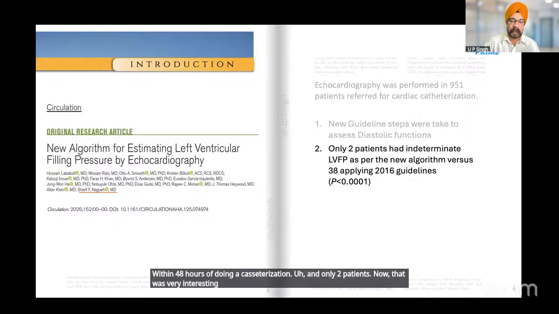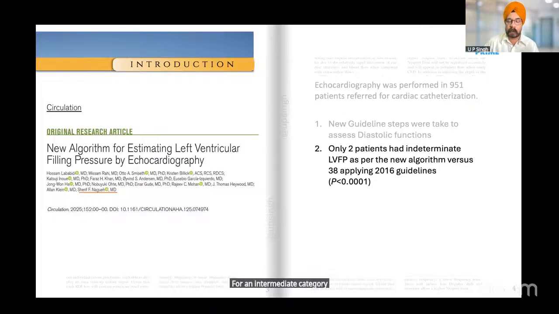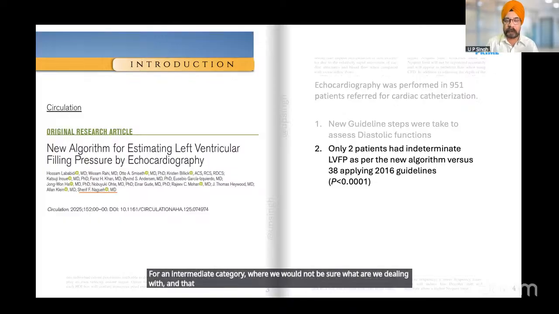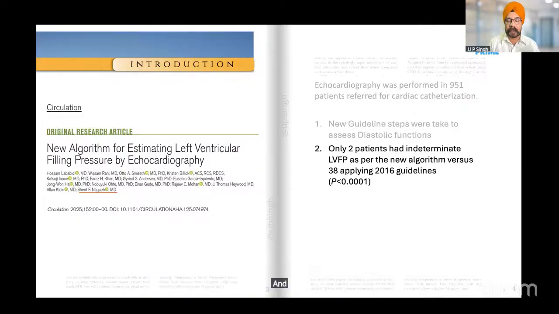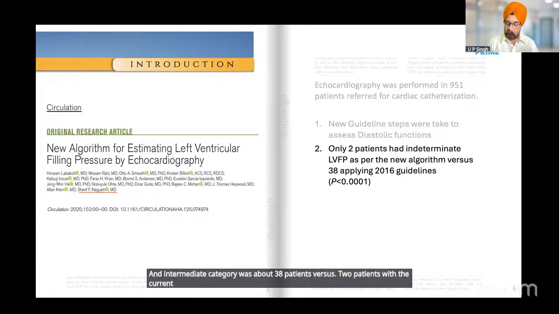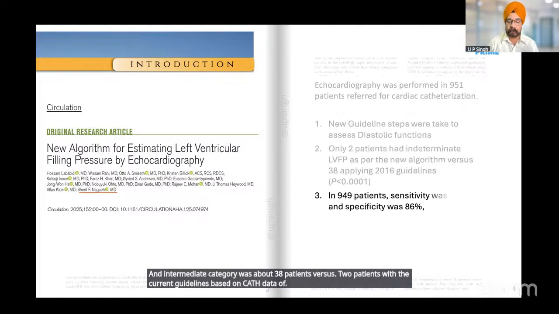Our previous guidelines had an issue that many patients would fall in an intermediate category where we would not be sure what we are dealing with, and that's what happened in this study. They applied the 2016 guidelines, and the intermediate category was about 38 patients versus two patients with the current guidelines, based on cath data of LV dysfunction.